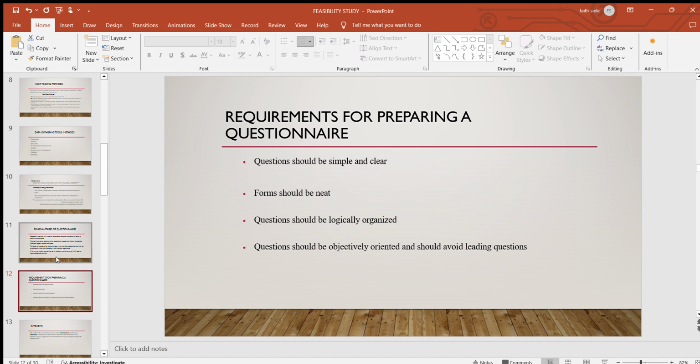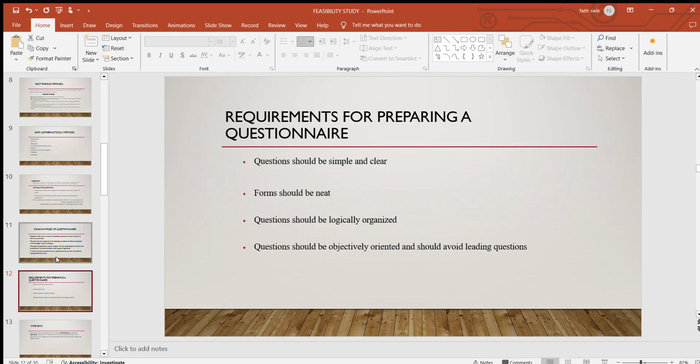So there are also requirements which are needed for preparing a questionnaire. It should be simple and clear, so that those people who are answering can provide correct answers. And then it should also be neat.